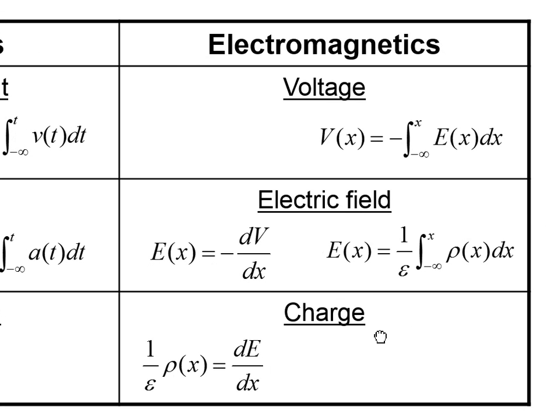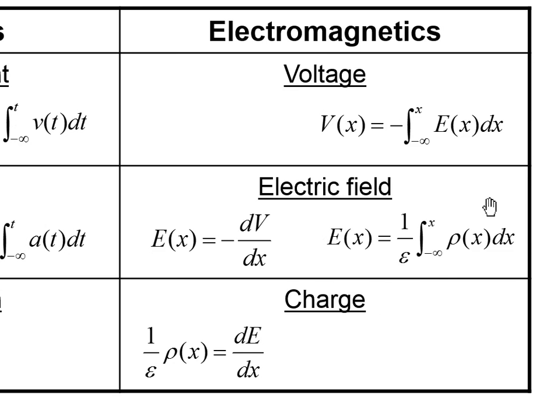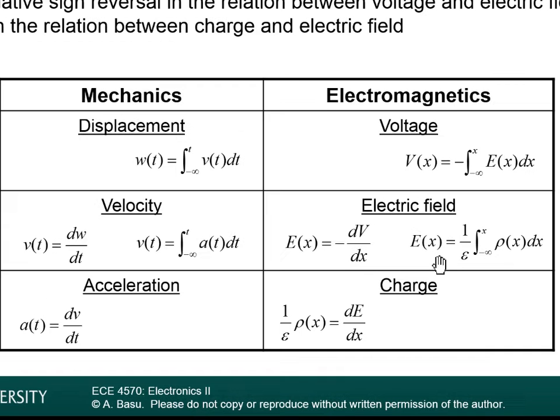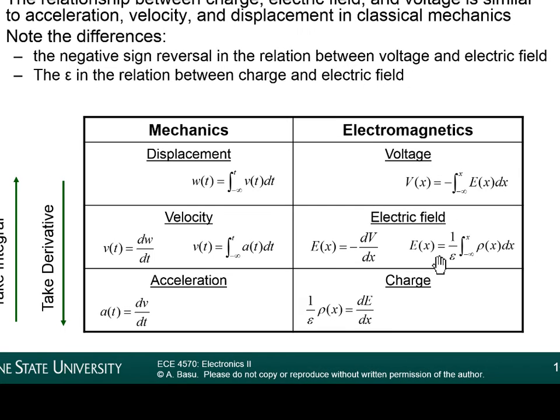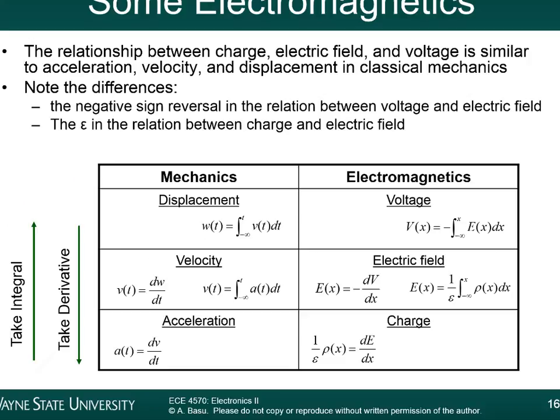So this similar concept works with electromagnetics also. In this case, at the top of the chart is voltage. The middle of the chart is electric field, and at the bottom is charge. So if you know the voltage and you want to find the electric field, E of x is equal to negative dV/dx. You're taking the derivative with respect to space.